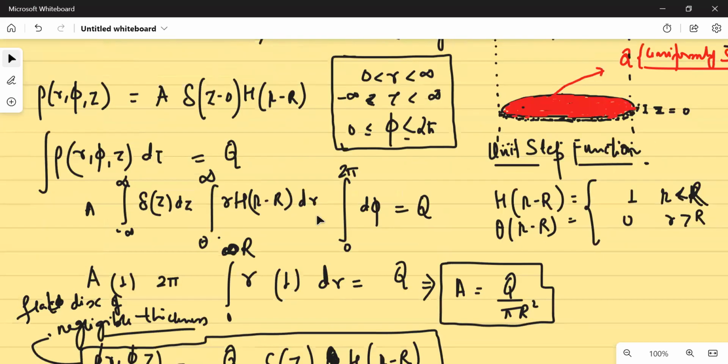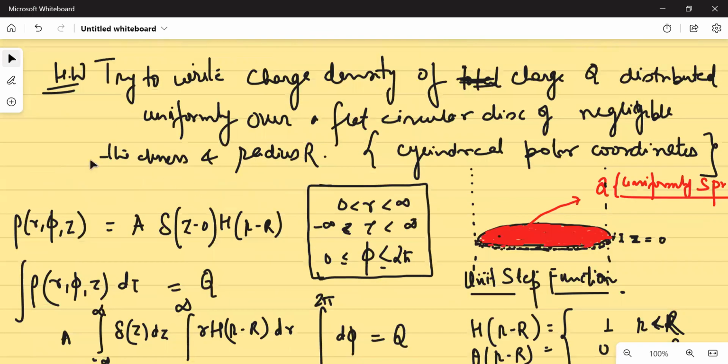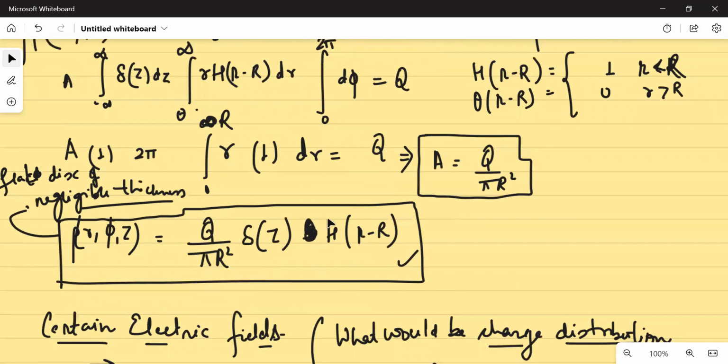If at all तुम्हें ऐसा लग रहा है you are not able to construct such kind of volume distributions or charge distributions, what you can do in the exam is try to integrate in reverse. So for example, you will get some question and there will be some options. Let's say there are 4 options. Just try to integrate all those 4 options. From whichever option you get the charge capital Q, or the total charge Q given in the examination, just take that and come back.